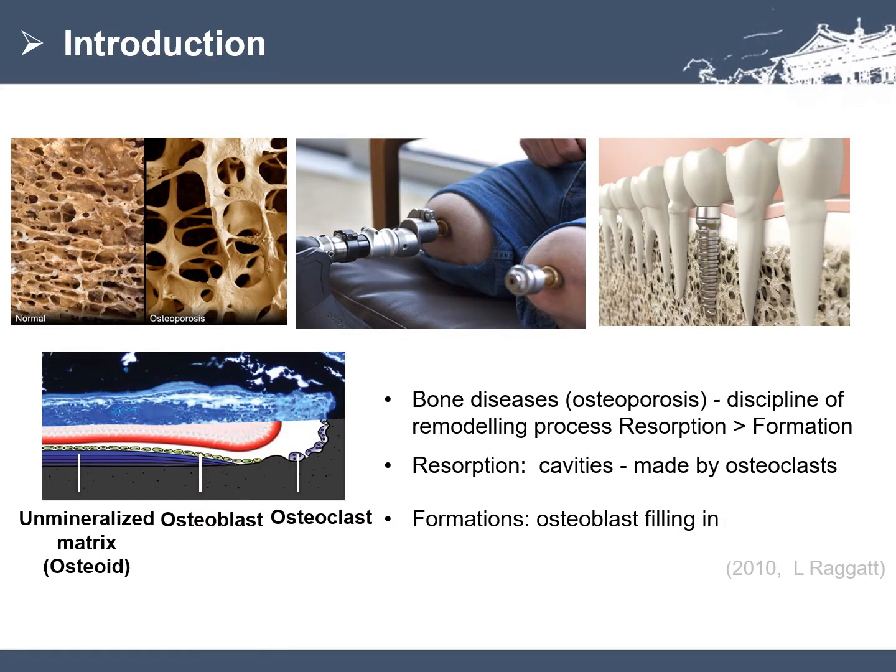A little bit of background of the study. As you can see from the left-hand corner on these slides, this is a typical trabecular bone microstructure of osteoporosis. It will cause a loss of microstructure of your bone. Osteoporosis is a very common disease in elderly people. It is caused by the disorder of the bone remodeling process.